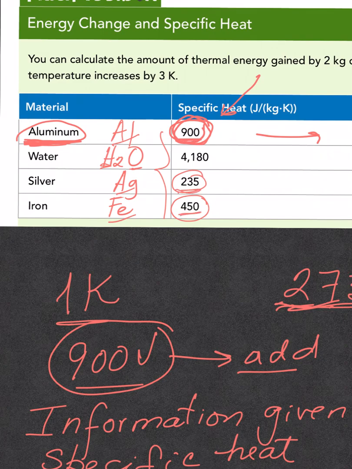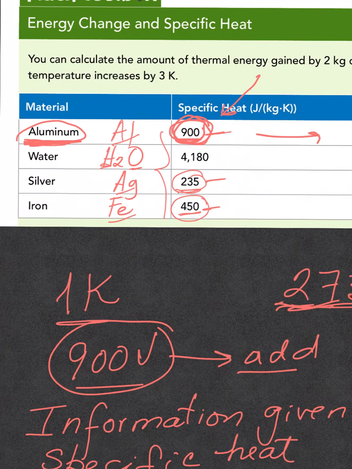Let's say that you want to build a good conductor between the aluminum, the silver, and the iron. Which one are you going to use? I'm going to leave the question over there. Which of them is going to conduct the heat better?